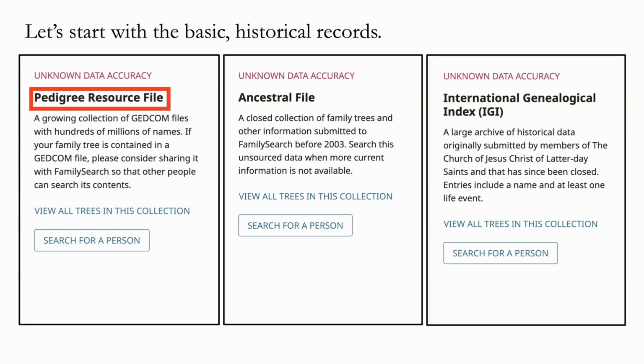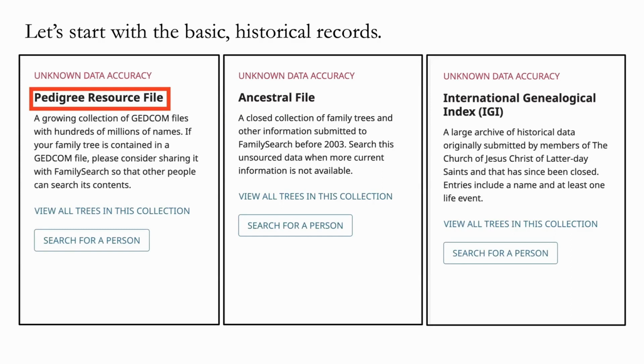But the reason the Pedigree Resource File was very attractive is that back then, everything we had was on floppy disks. Recognize what those are? And sometimes it took more than one, or even more than a few, floppy disks to hold a complete file.